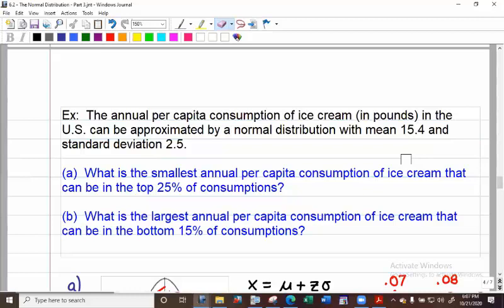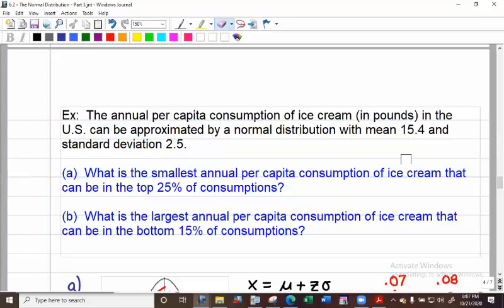All right, ice cream consumption. Well, unlike exam scores, I don't know if you'd want to necessarily be that proud if you were in the high percentile of this, but yeah, yay, I eat more ice cream than 95% of people.